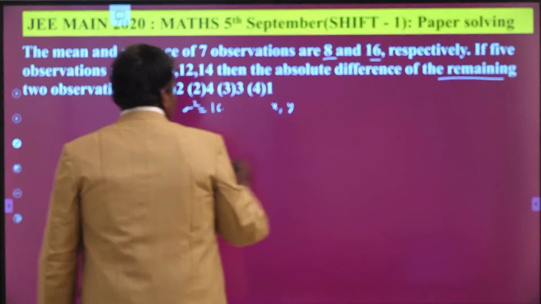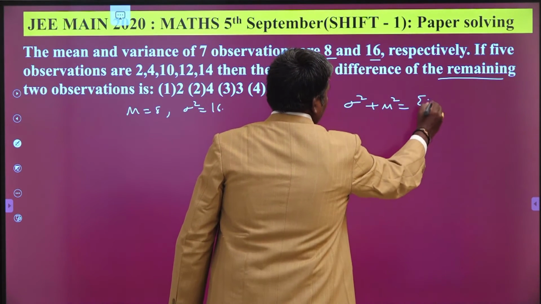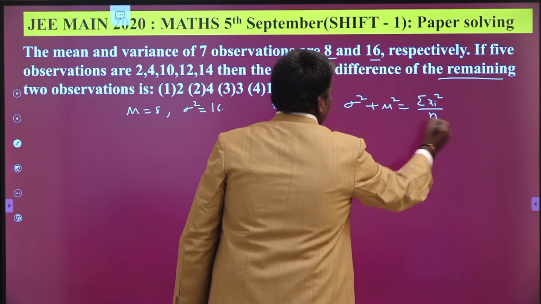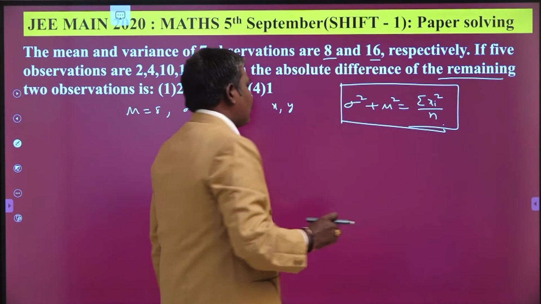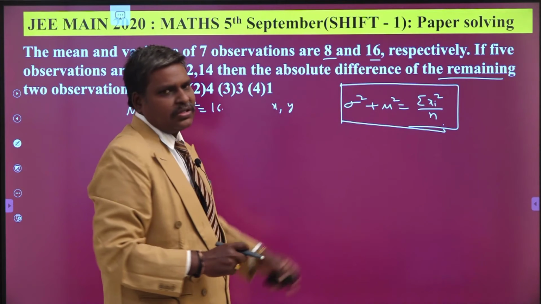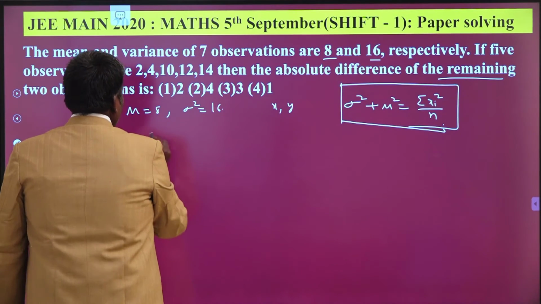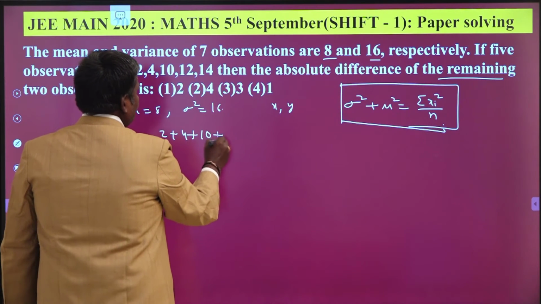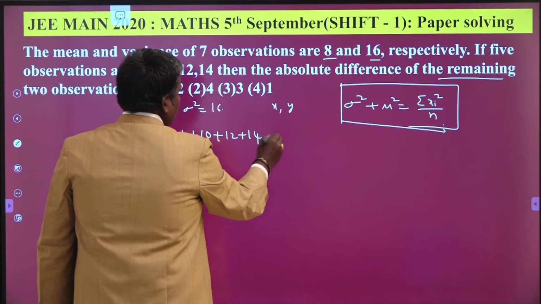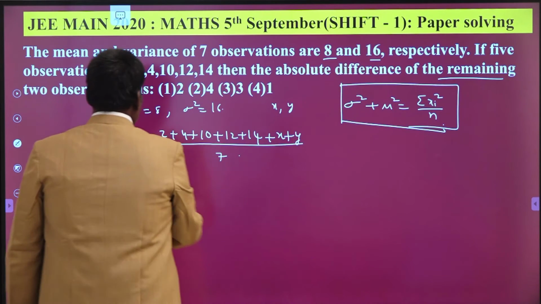So we have a very familiar formula, sigma square plus mu square is equal to sigma xi square by n. So I am going to use this formula. With the help of this formula, I have to find out the values of x and y. Now what is mu here? 8. 8 is equal to (2 plus 4 plus 10 plus 12 plus 14 plus x plus y) whole divided by 7.